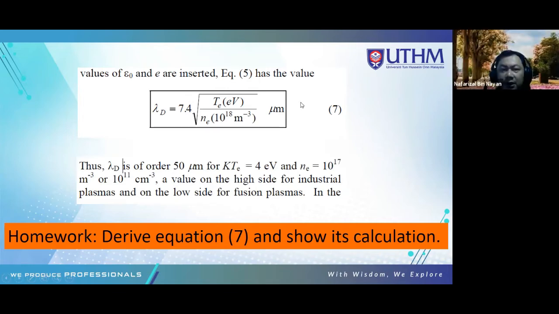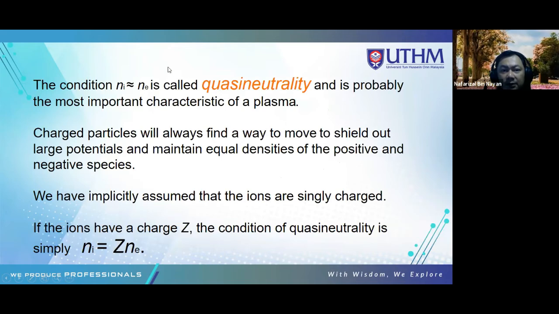All right. So this is the condition where we want to understand whether the ion and the electron are equal, or they are neutral, or they are not equal.